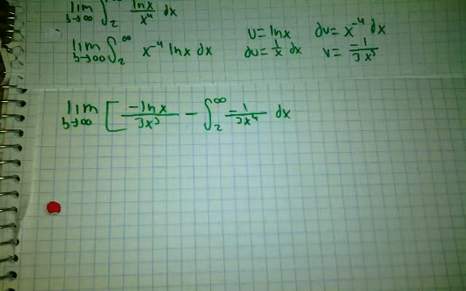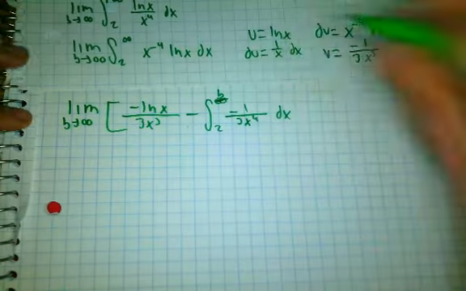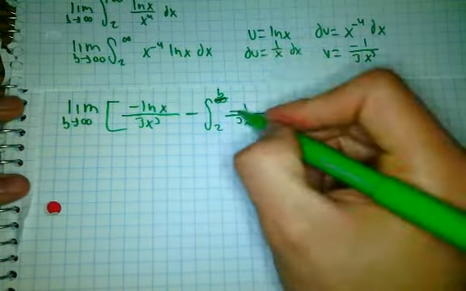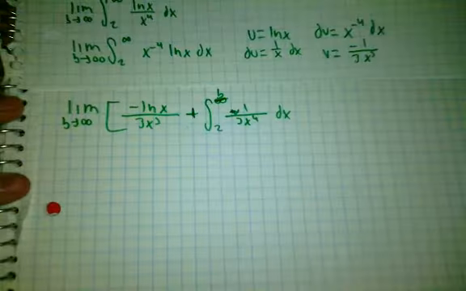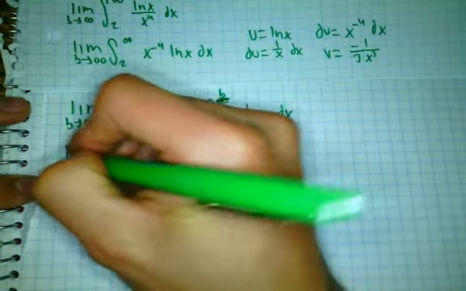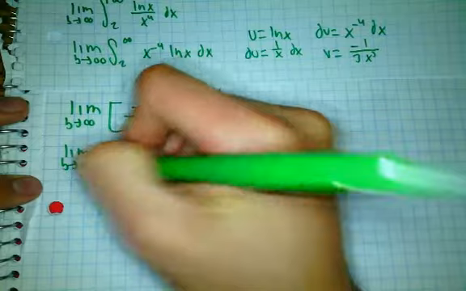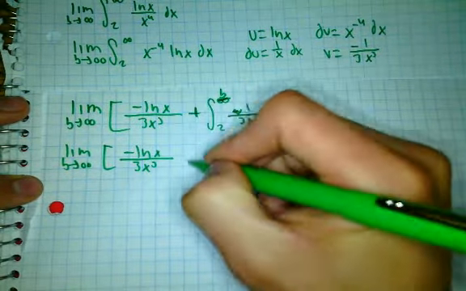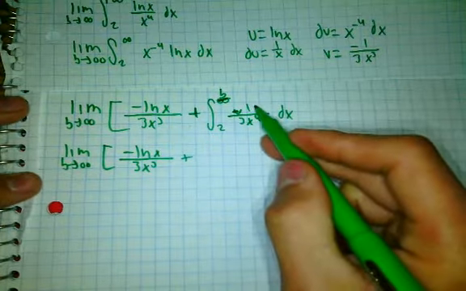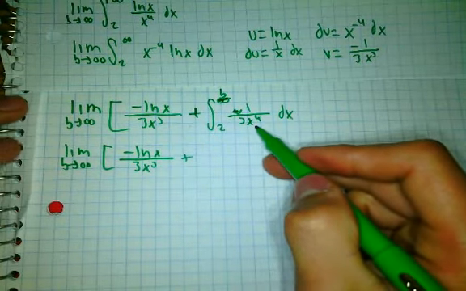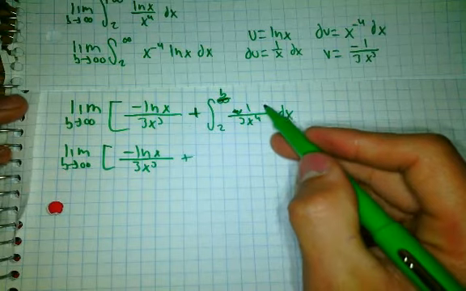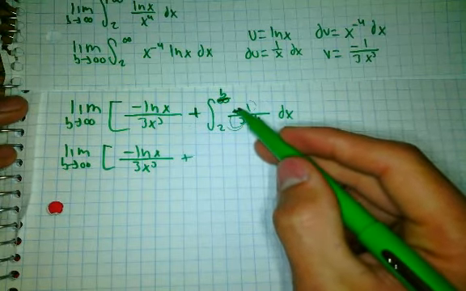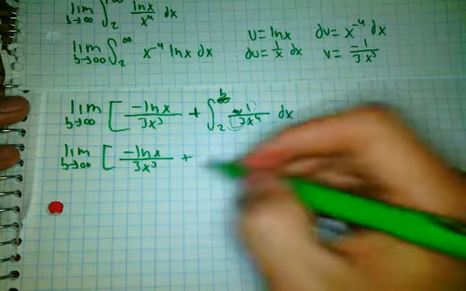All right. We can take out this negative and this becomes a positive. So then this becomes the limit. Now, I made an observation that hopefully you've made as well. You're going to have to take the integral of technically 3x to the negative 4. Well, I can also pull out the 1/3. Do you guys remember that? And then technically you got to take the integral from 2 to b of x to the negative 4 dx.